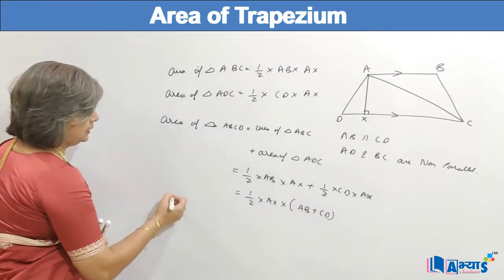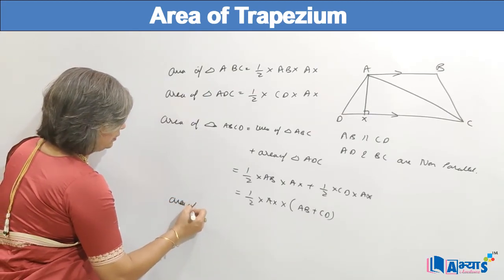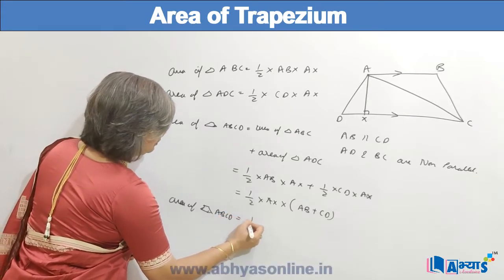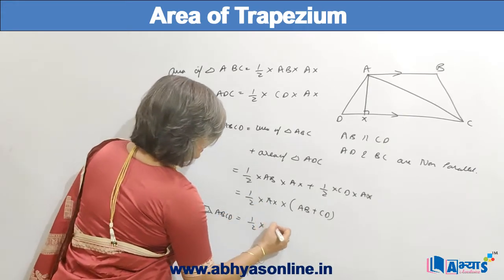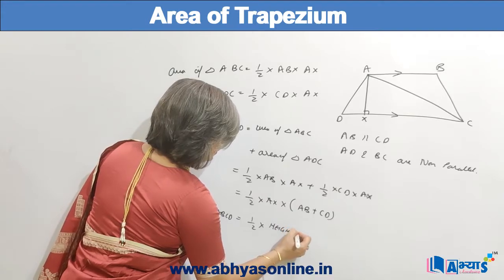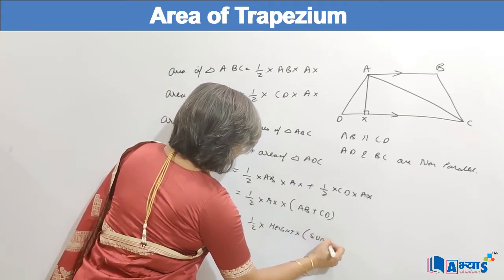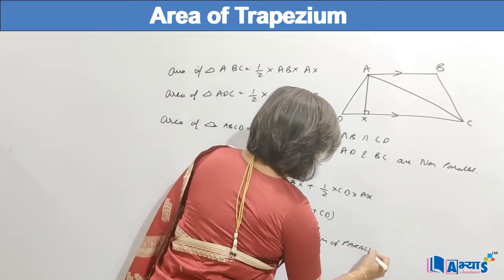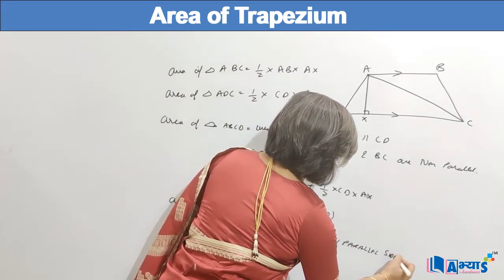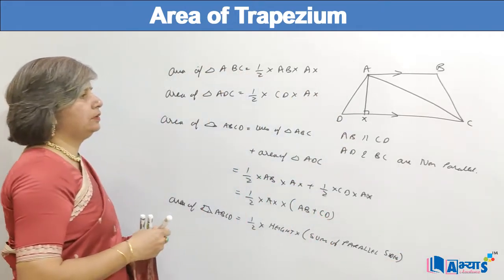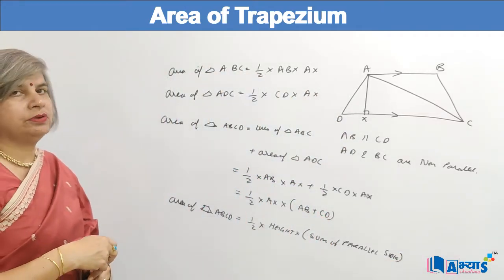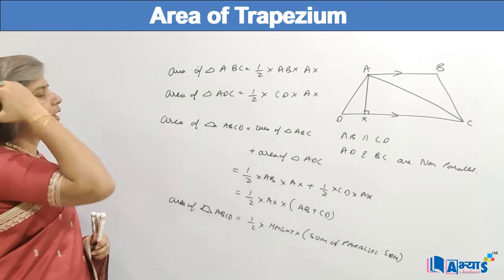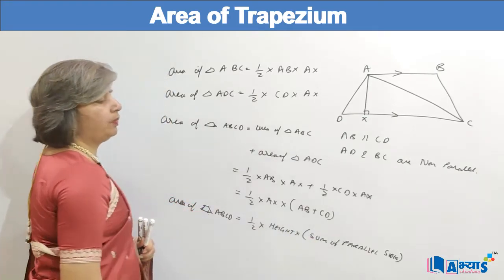So the area of trapezium ABCD is equal to half into height into sum of parallel sides. So this is how we can derive the formula for the area of a trapezium from the area of a triangle. Area of trapezium is half into height into sum of parallel sides.